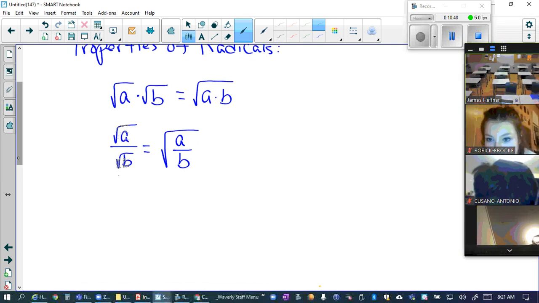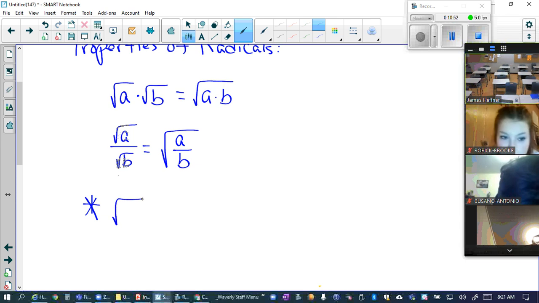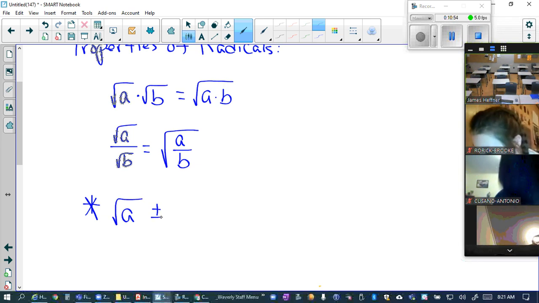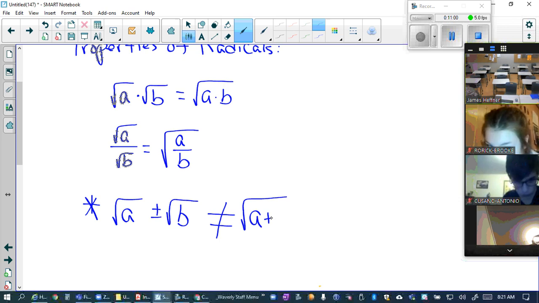Now the following is important, okay? This is what you cannot do. If I have the square root of A plus or minus the square root of B, it does not equal the square root of A plus or minus B. We saw that in that last example. So please don't make that mistake.